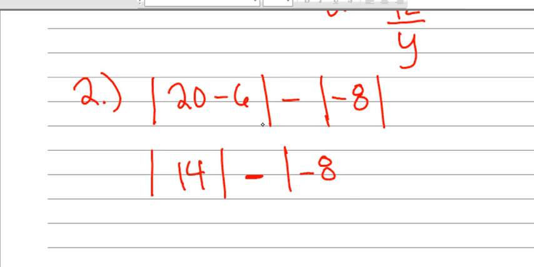And let's keep the absolute value of negative 8. So let's take the absolute value of each of these. What's the absolute value of positive 14? It is just 14. What's the absolute value of negative 8? It's 8. Remember, absolute value always comes out positive. So my answer is 6.